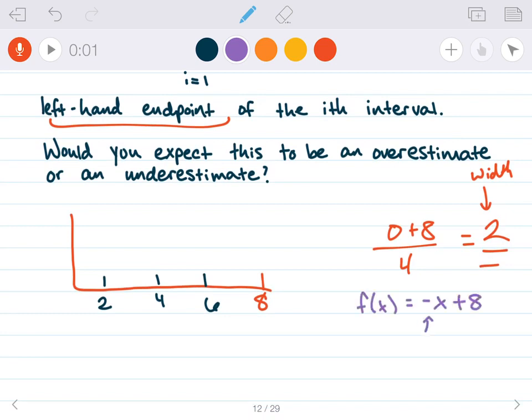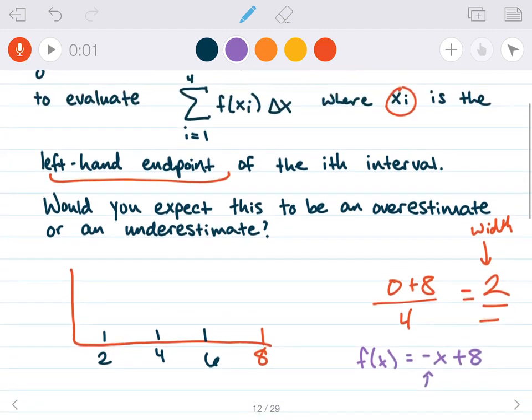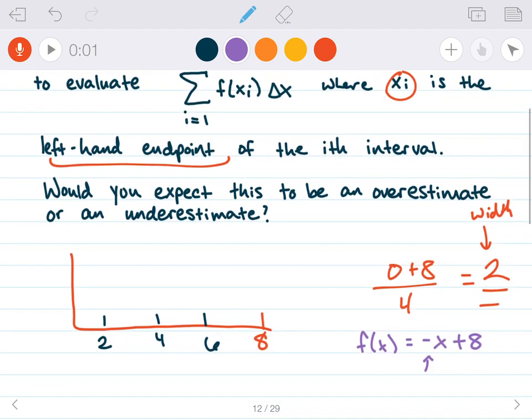So if I plug in my first endpoint, 0, and we're using left-hand endpoints for the ith interval, okay? So what does that mean? x0, that's the 0th interval. It's the first interval, but we're calling it the 0 interval, so this is x0, x1, x2, x3, and x4.